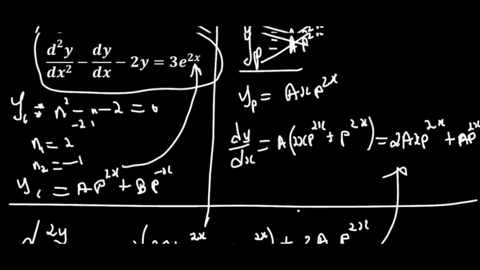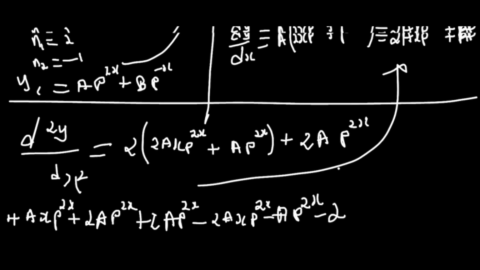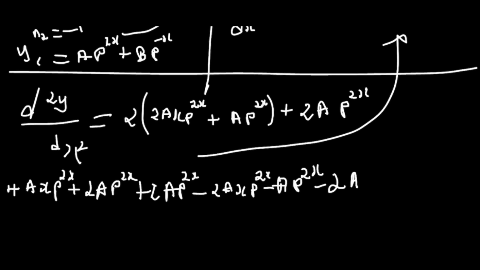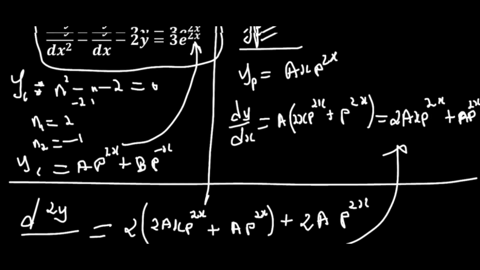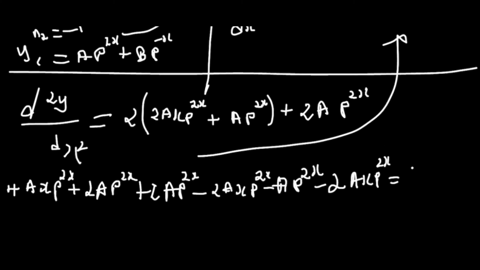Finally minus 2y, and our y here was ax e to the 2x, so minus 2ax e to the 2x. Now this was equal to, from our general equation, 3e to the power 2x.